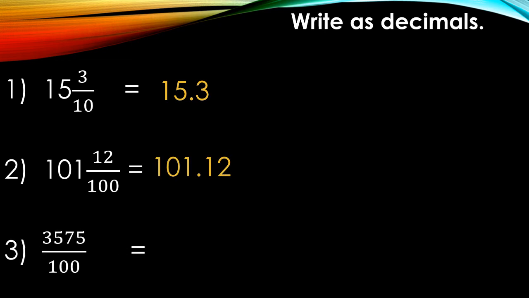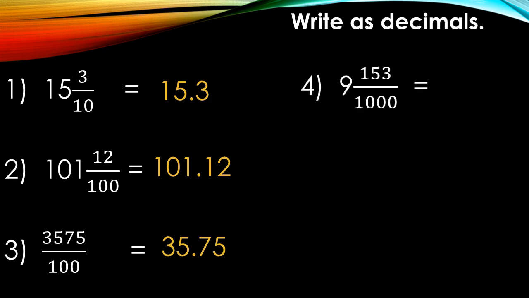Question number 3. 3575 upon 100. See, in this question, how many zeros in the denominator? Yes, 2. So in the numerator, count 2 digits from the right and put the decimal. So the answer is 35.75. Question number 4. 9, 153 upon 1000.